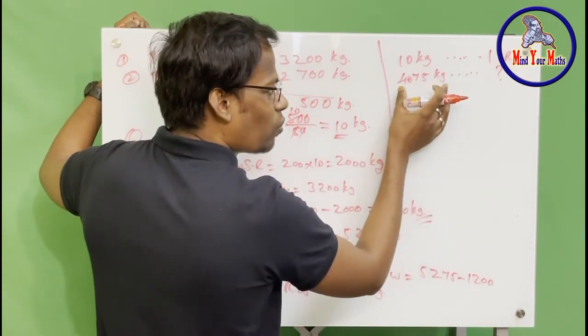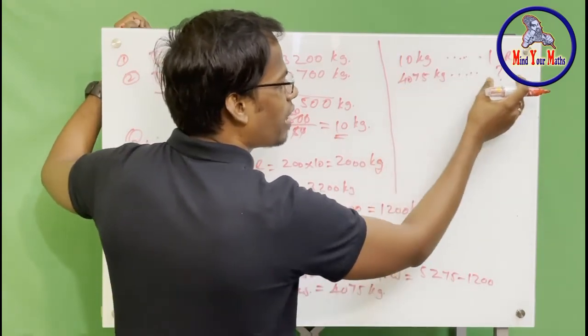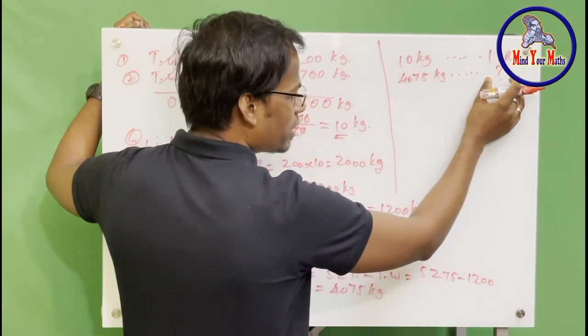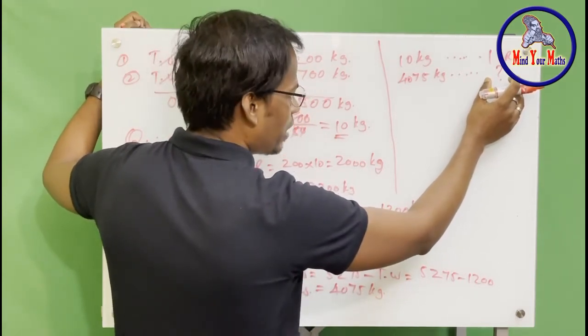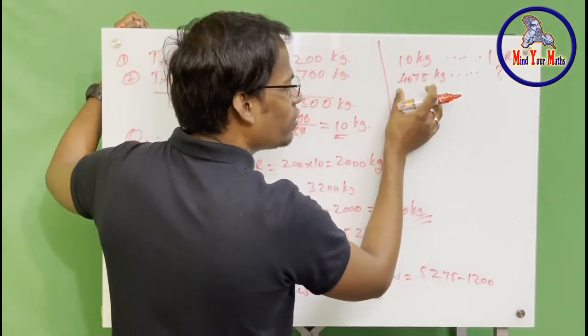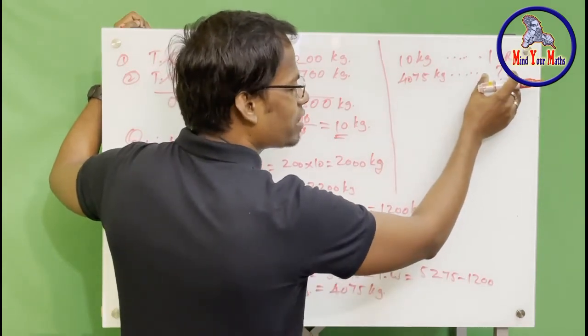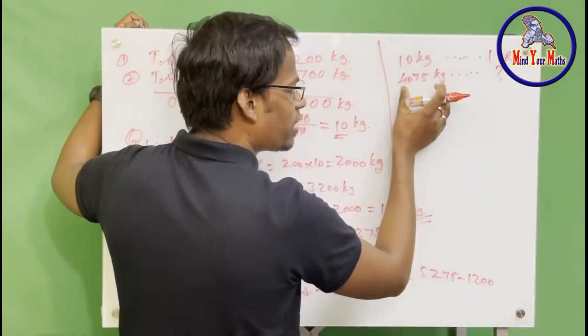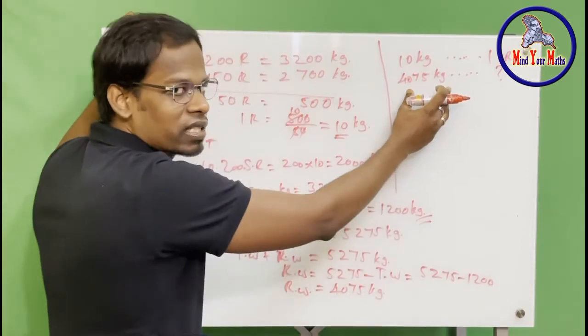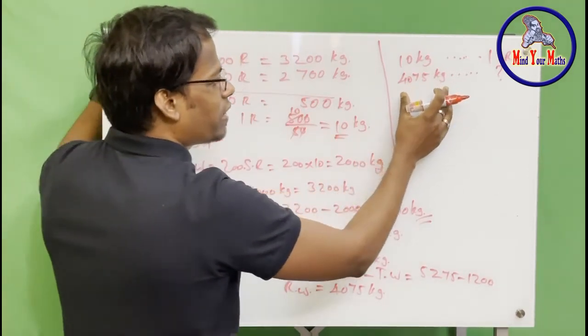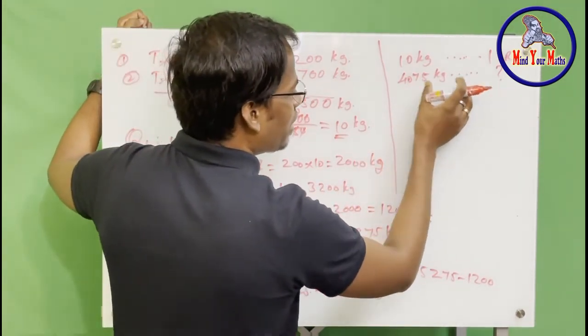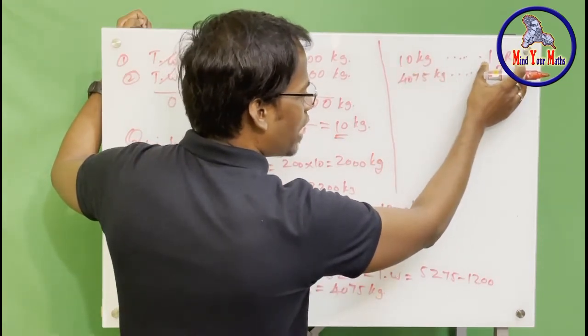If one value is increasing and the other value also increases, that is a direct proportion. If one value is increasing and the other is going to decrease because of this increase, then that's the inverse proportion.